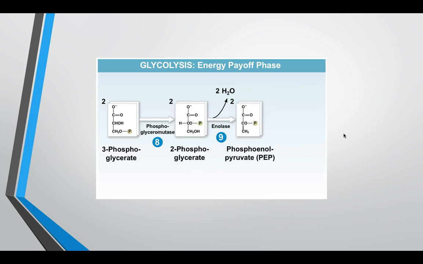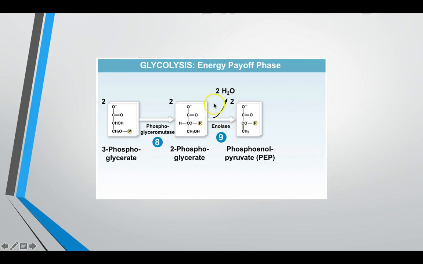I went too fast. 3-phosphoglycerate is going to be mutated with a phosphoglycerate mutase. And simply what's happening is the phosphate is going to change from position 3 to position 2. So when this happens, I no longer call it 3-phosphoglycerate. It is now 2-phosphoglycerate. Phosphate moves from carbon 3 to carbon 2.